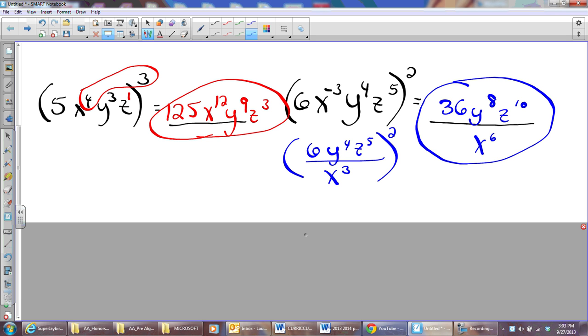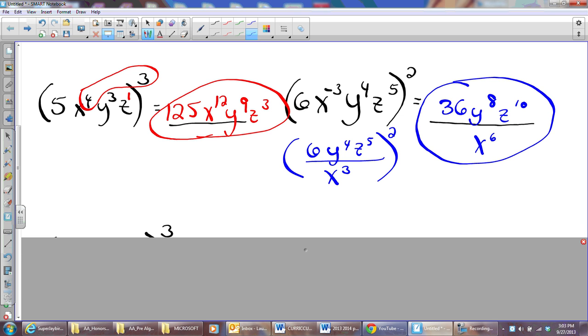Okay, there's another way to do it, but if I do it that way, I will give away the secret. Oh, what the heck, I give away the secret. The secret is that when a power is raised to a power, you can multiply the powers. Look, I got 6 squared. I'll have x to the negative 6th, y to the 8th, 4 times 2 is 8, z to the 10th.